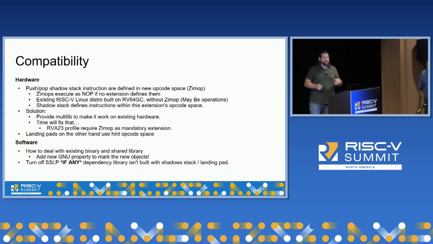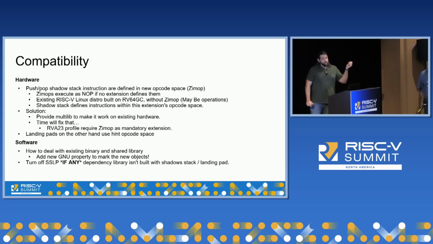ZMOPs execute as NOPs if the specification is not active or not defined. However, many existing RISC-V Linux distributions and existing RISC-V cores do not have MOPs yet. So shadow stack is going to cause issues.